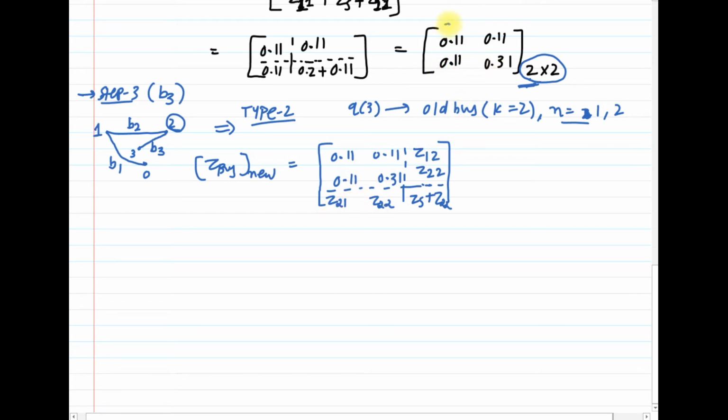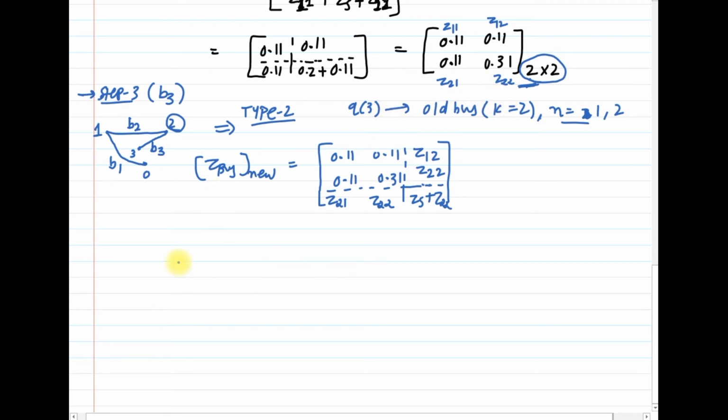Here, if you wish, you can write Z11, Z12, Z21 and Z22. Clear? So just substitute each and every value from the previous matrix, or I can say the Z bus old matrix.